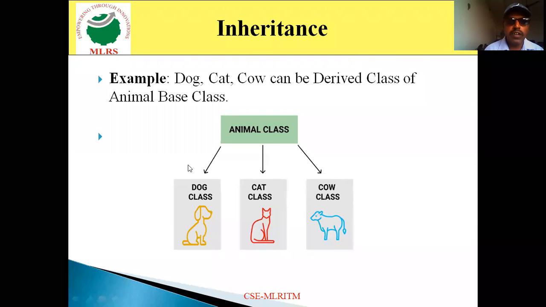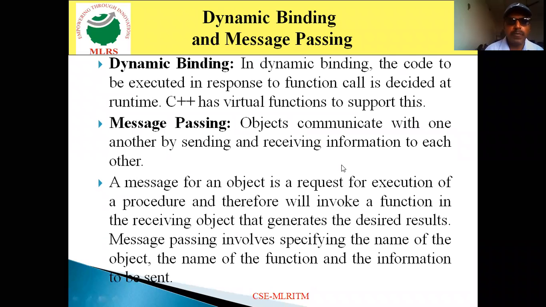Then this is inheritance. Come to the next one, dynamic binding. Now let's look at dynamic binding. Dynamic means runtime. So in dynamic binding, the code to be executed in response to a function call is decided at runtime. Earlier, it is not known which code to execute until it is going to execute at runtime.